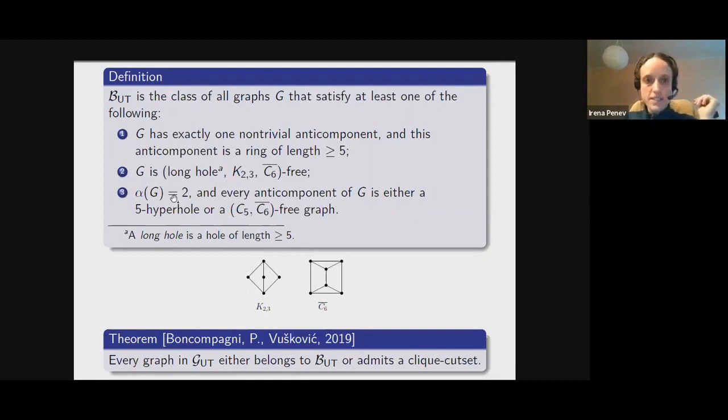The second possibility is that G is a long hole, K23, C6 complement free. Long hole is a hole of length at least 5. So that's the second type of basic graph. And the third one are graphs whose stability number is 2. And then you want every anti-component to be either a 5 hyperhole or a C5, C6 complement free graph. So that's the basic class that we got.